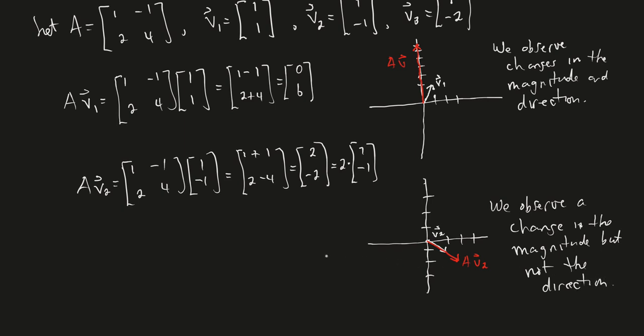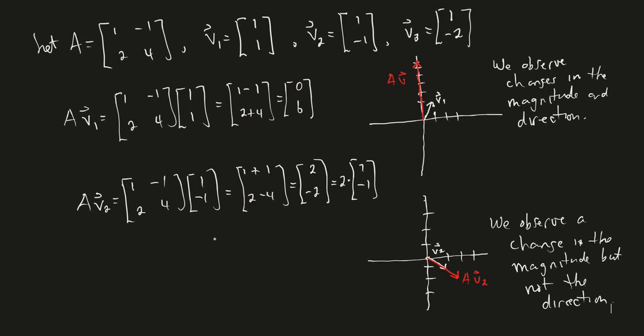All right. And then let's do one more calculation. Let me scroll back up just a little bit so we can see it. Here's our V3. So let's do a V3. Same process, just a different starting vector. Same matrix. I'm not changing the matrix, just the vector that we're multiplying.